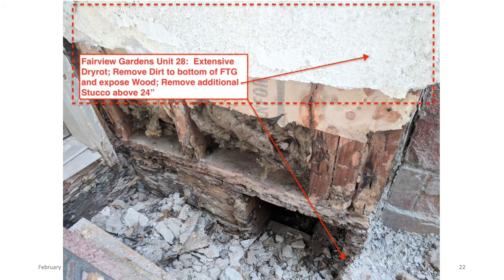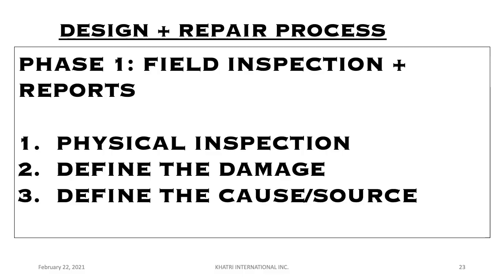I wanted to share this with you. This is a project that we've been working on. You can see the effect of termite damage and dry rot, and this project is in reconstruction right now. The design repair process is, one, to do a field inspection and prepare reports. That's a physical inspection.